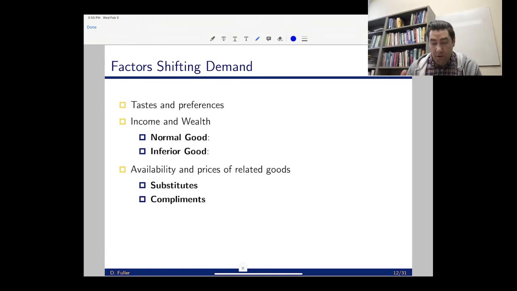What are the other options? It's not a substitute. It is what we call a complement, or complementary goods. So complements are goods that are consumed together.